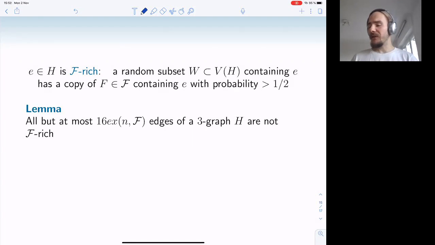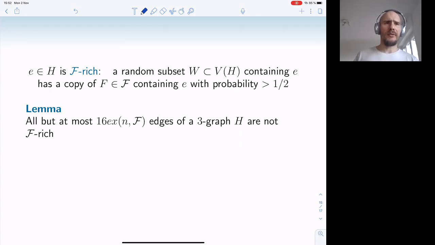So this edge is F-rich if a random subset W of the vertices, and here by random I mean uniformly random, so each vertex is taken with probability 1/2, independently of the others, so a random subset conditioned on the fact that it contains E, contains a copy of some F from our family that has E with probability more than 1/2.